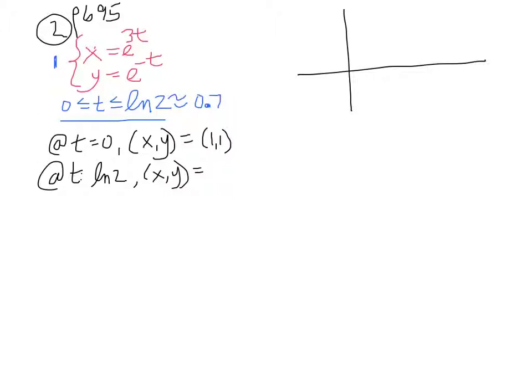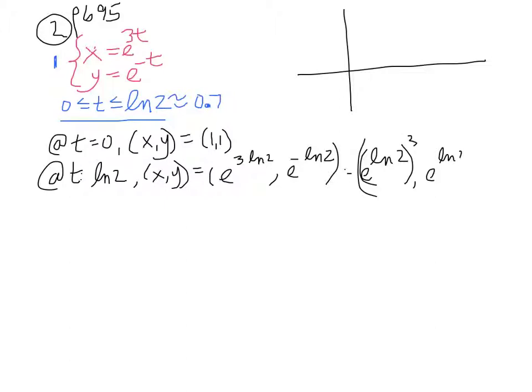when I plug in the log of 2, I get e to the 3 log 2 and e to the minus log 2. But let's rewrite this as e to the log of 2, all cubed, and the other one e to the log of 2, all to the minus 1.